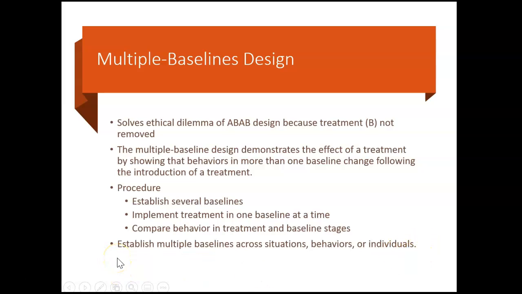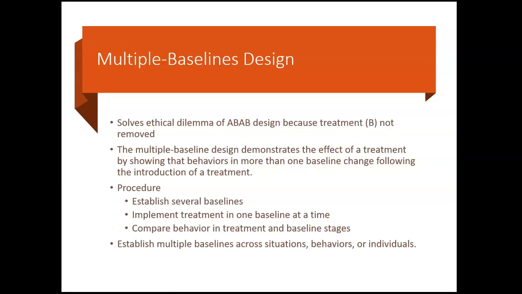What you can do is you can create baselines that are across situations, such as having, say, a child in a grocery store, in a restaurant, and at home. You could do it across behaviors, such as use of place names or use of object names, use of asking words, use of declarative statements, or you could do it across individuals.